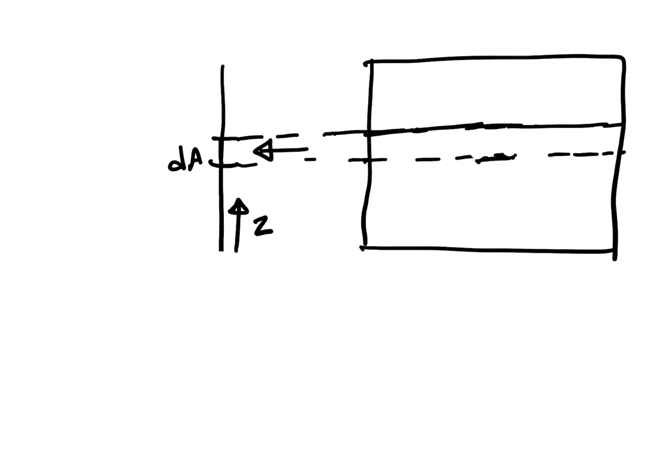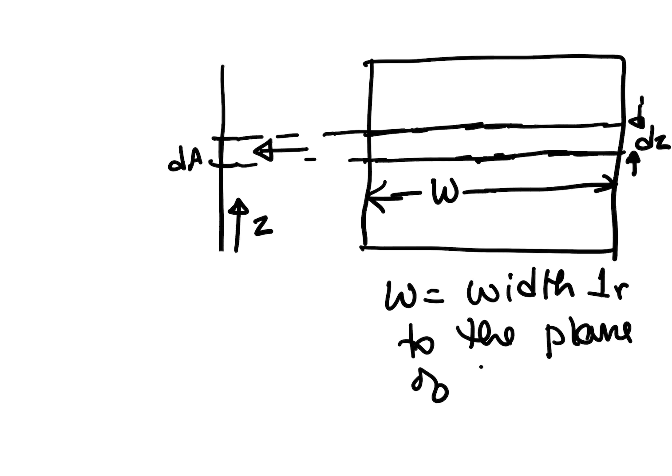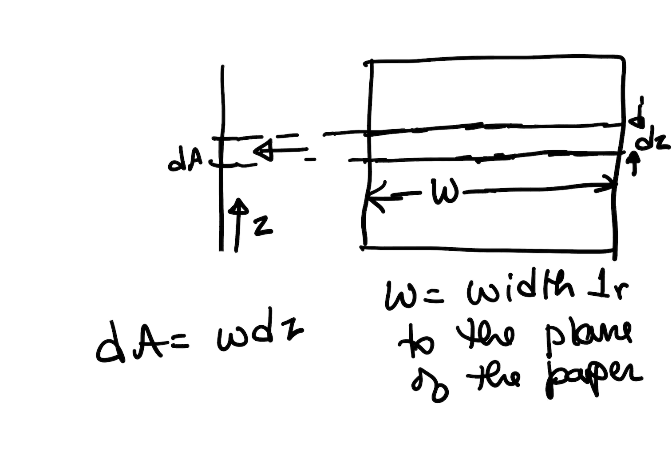This height is dz, and this is the width perpendicular to the plane of the paper on which we are writing. So w is the width perpendicular to the plane of the paper. So I can write dA equals w dz. The differential area is the width multiplied by the differential height.